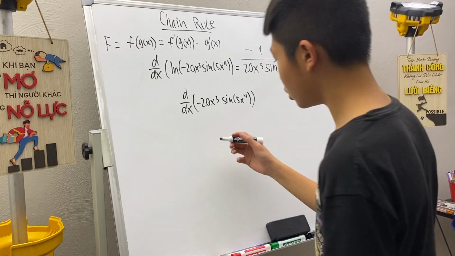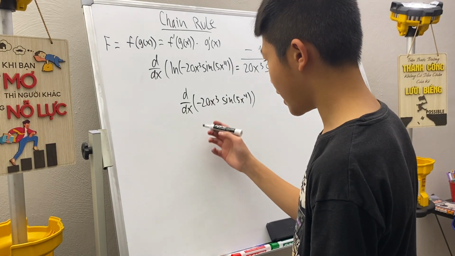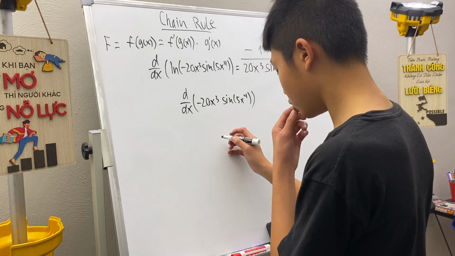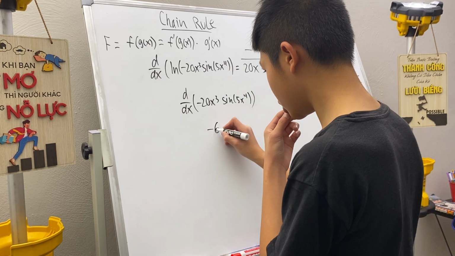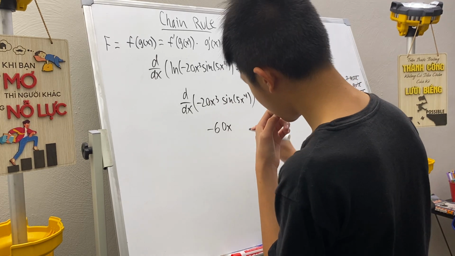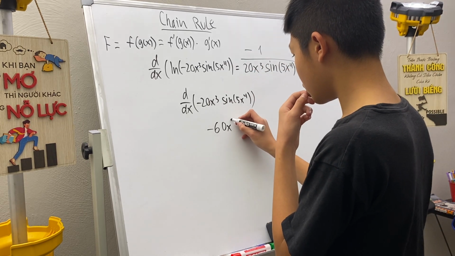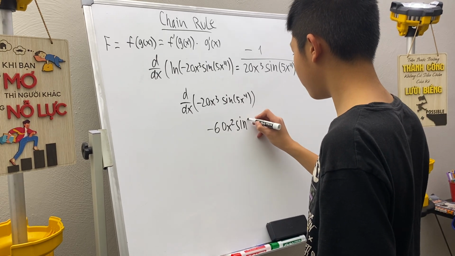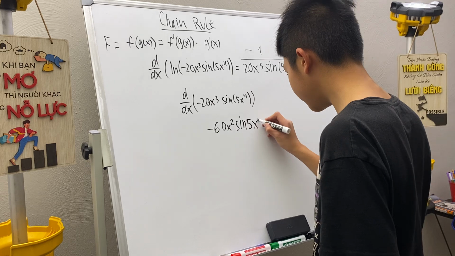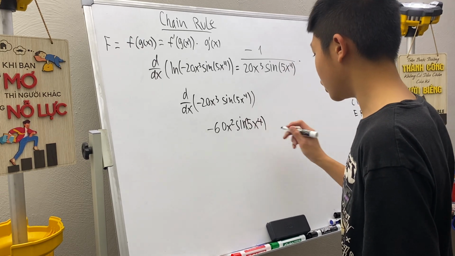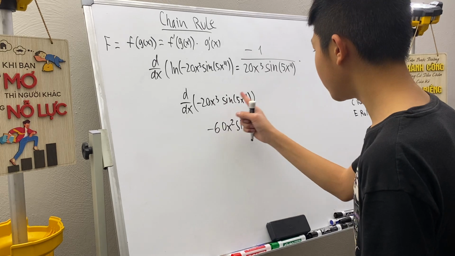f times g is equal to f prime, which is negative 60x to the second, times sine of 5x to the fourth. Times the derivative of this.